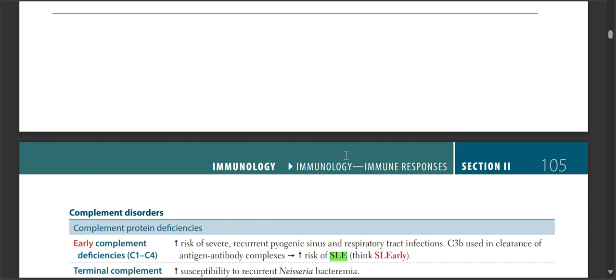Okay, now a quick question. The lysis of RBCs, the hemolysis that you see in paroxysmal nocturnal hemoglobinuria, is that intravascular or extravascular?